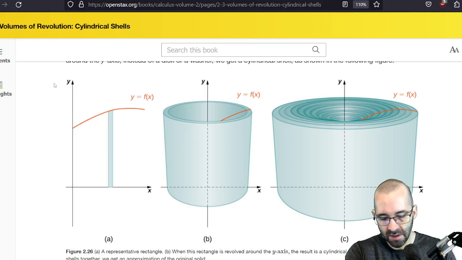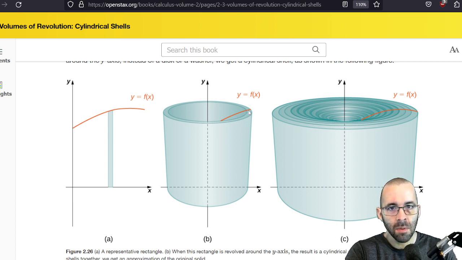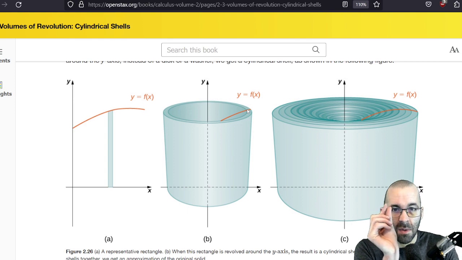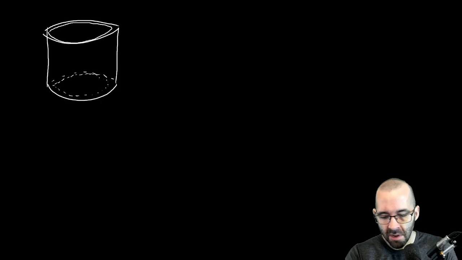Well, the height of this cylinder is the function value. Now notice the height's going to be a little different at the inner and the outer, but we can approximate this. Say it's a continuous function. If it's a continuous function, then these should be pretty similar as we get really thin. So the height of this is just f of x.